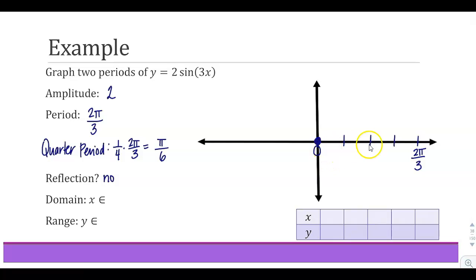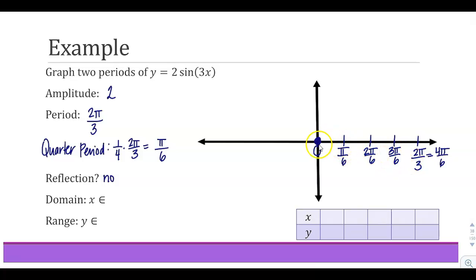So each of these subdivisions has to be of length pi over 6. So we have 1 pi over 6, 2 pi over 6, 3 pi over 6, and this last one should be 4 pi over 6. And we can see that after reducing that it is. So I'm going to go ahead and leave the rest of these unreduced for now and not really focus on that.